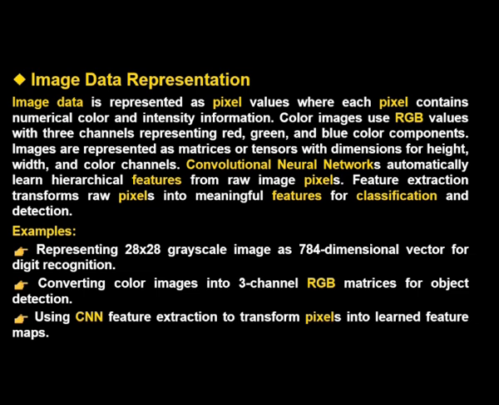Images are represented as matrices or tensors depending on their dimensions. In deep learning, convolutional neural networks or CNNs automatically extract useful features from raw pixel values for tasks like image classification and object detection.